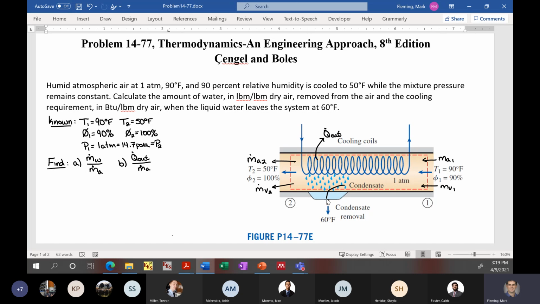As water accumulates, it's going to drop out of the system, and we'll call this the mass flow rate of the water leaving the system, m dot w, in terms of our nomenclature. Now, we could also note that this state was not labeled, so we'll call that state point 3. We know the temperature here at state 3, and we forgot to write this down, T3 is going to equal 60 degrees Fahrenheit. And so we have everything, in terms of the setup, taken care of.